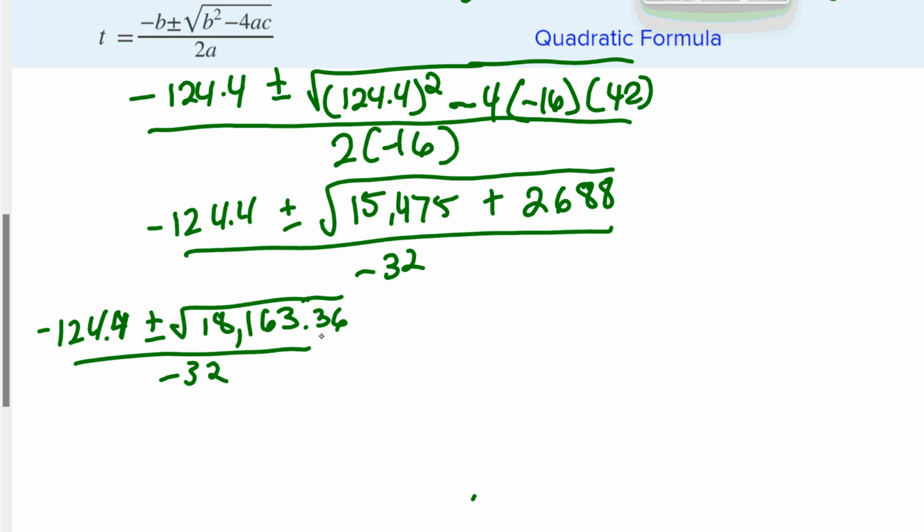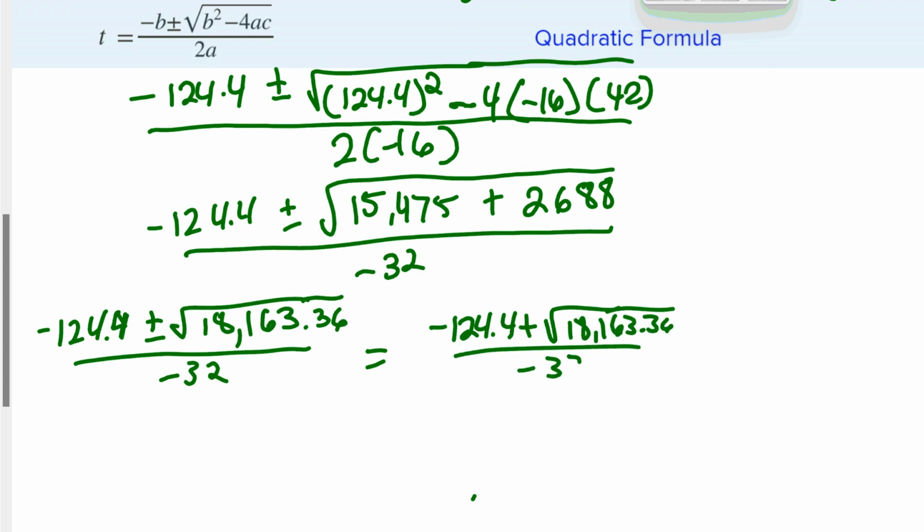So really this is 2 equations. It's negative 124.4 plus the square root of 18,163.36 over negative 32, and also negative 124.4 minus the square root of 18,163.36, all over negative 32. Now you can type this into your calculator.